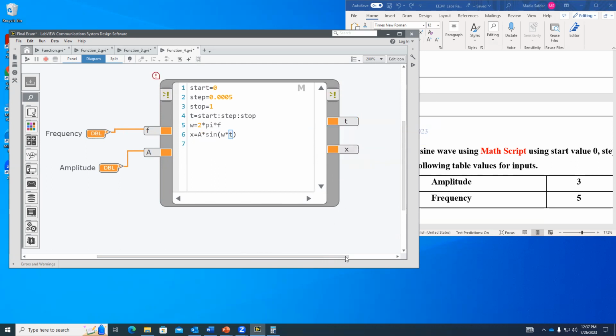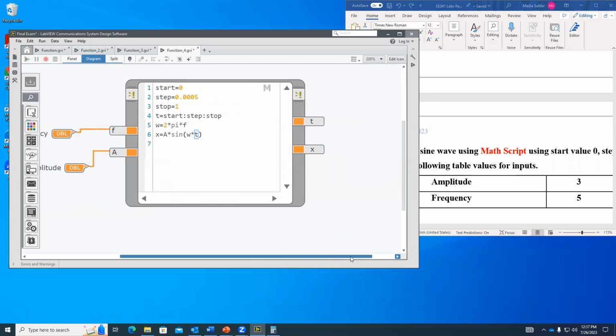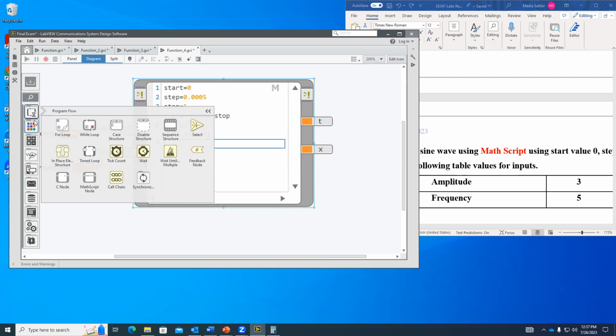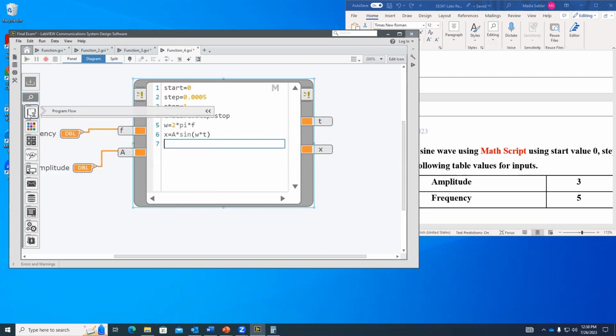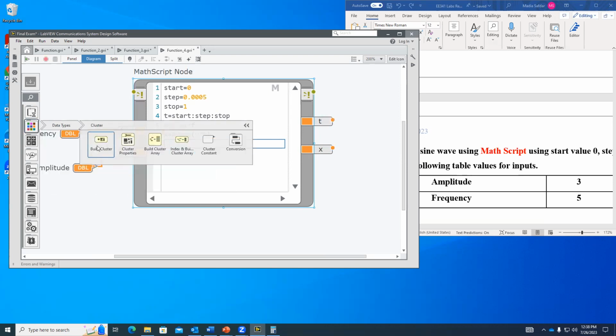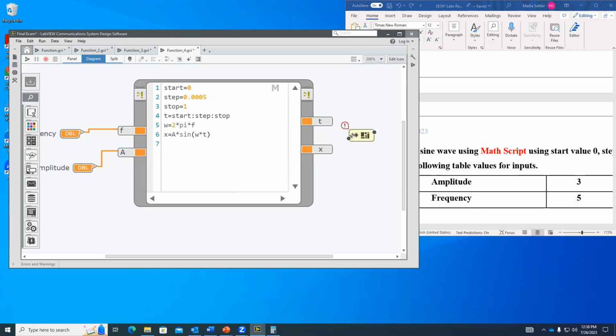Okay, now you have to build cluster here so that you can combine t and x. So you go to cluster and build cluster. You put it here, you put it here.